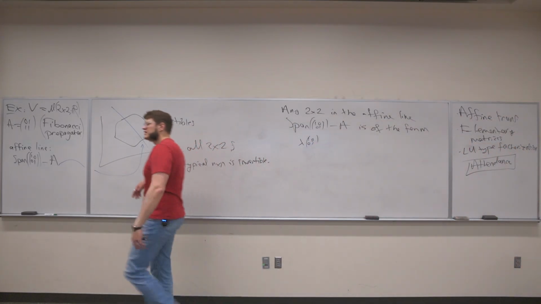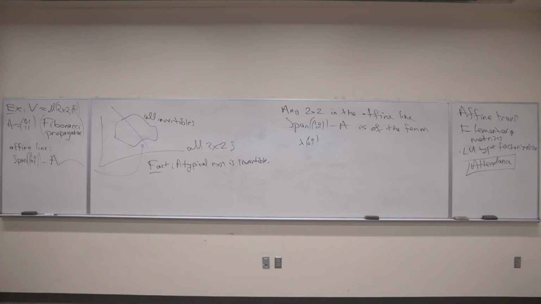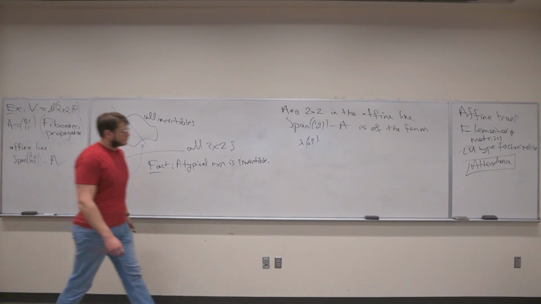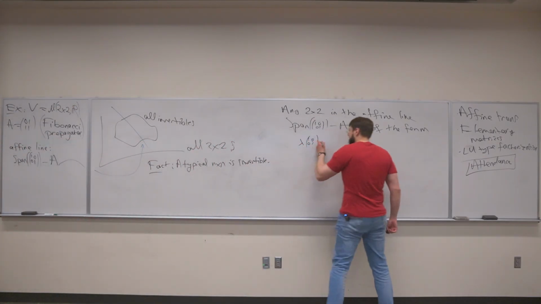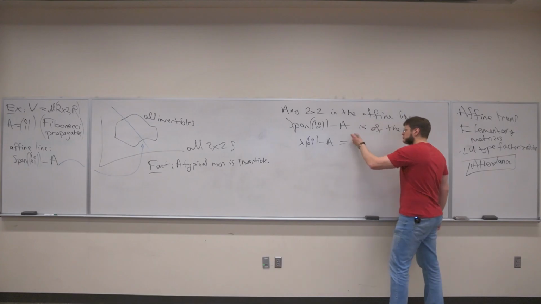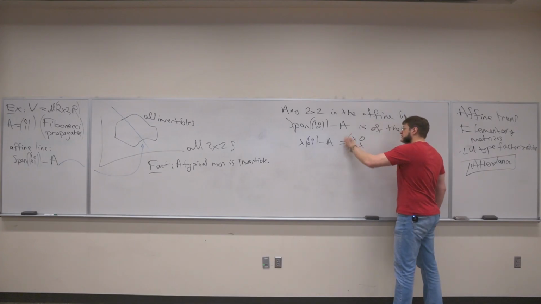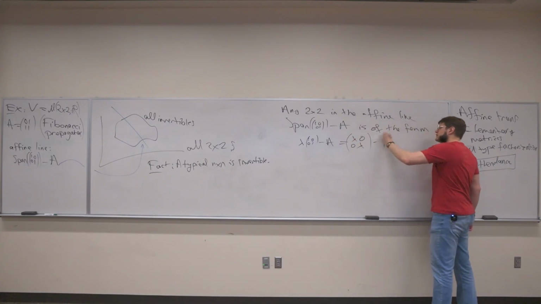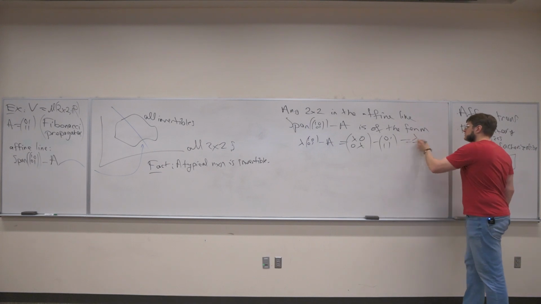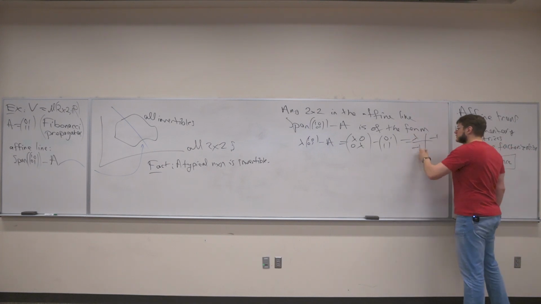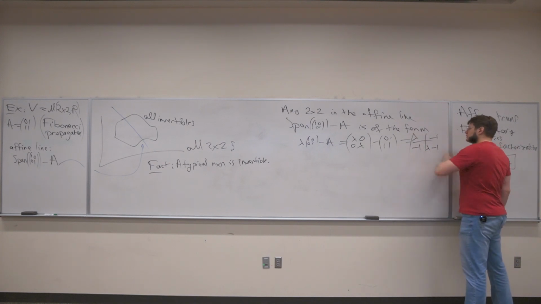In this context you can use whatever letter you want, but it's more traditional to use lambda as a scalar. So a scalar multiple of identity minus A, and when you do this, this turns into this, minus 0, 1, 1, 1, and this turns into lambda minus 1, lambda minus 1.